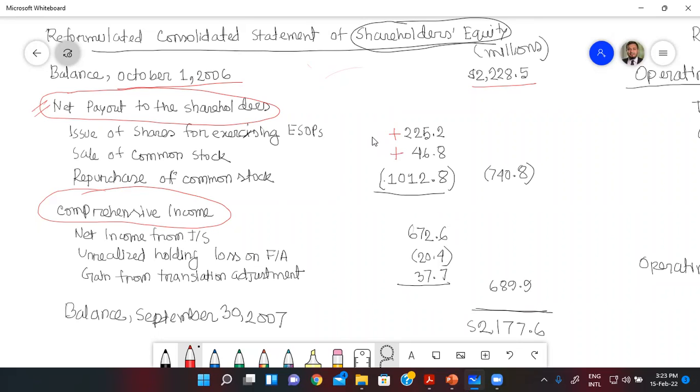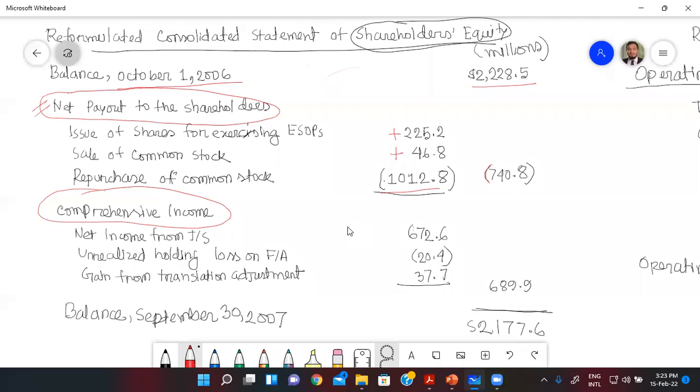Okay. Next thing, you see the repurchase of common stock. What will be the consequence on the shareholders' equity? Will the equity go up or go down? It will come down. So these are the things here. And if we sum up, we see that net payout is negative.